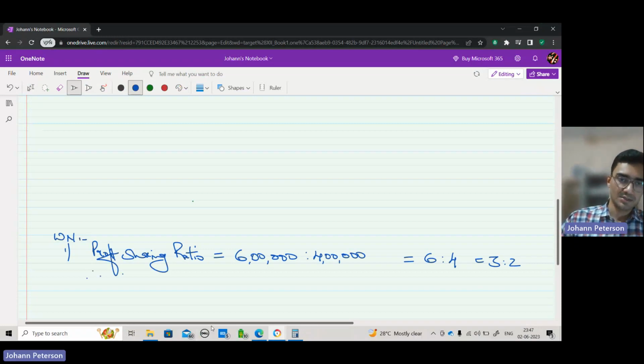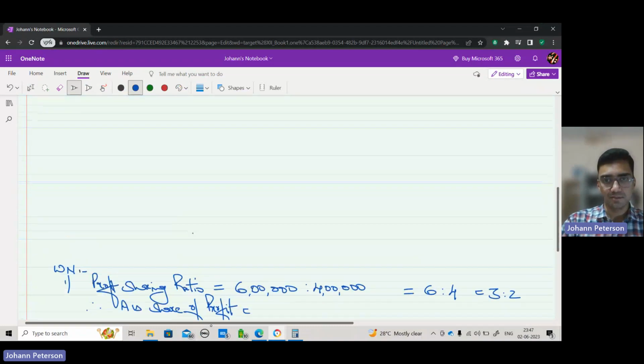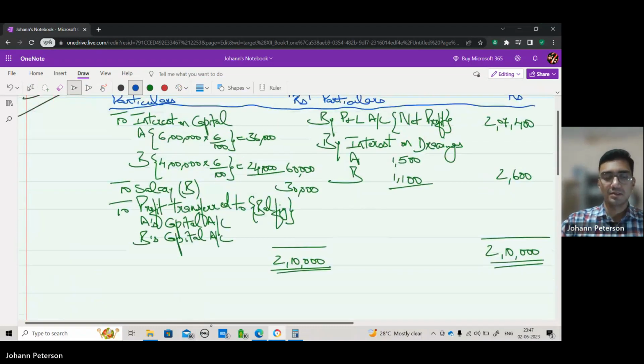Therefore, A's share of profit equals, what is a balancing figure? Let's see that.